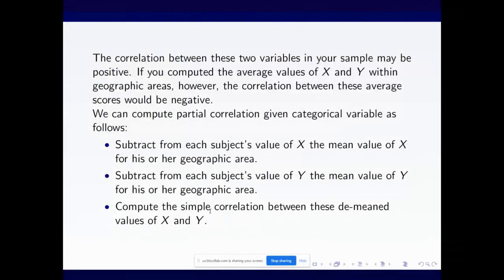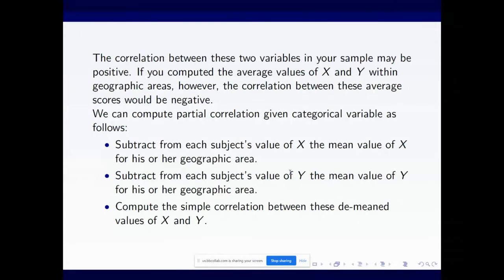And then we can calculate a simple correlation between these demeaned values of x and y. So we can calculate the partial correlation of x and y given the geographic area by using these demeaned values of x and y. This is particularly useful in many cases because you can remove the effect of a confounder where the confounder is a non-numeric value.